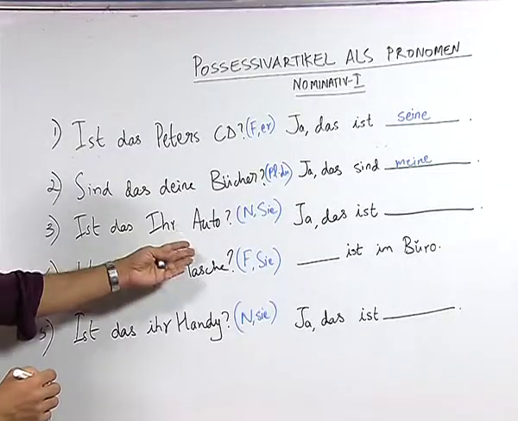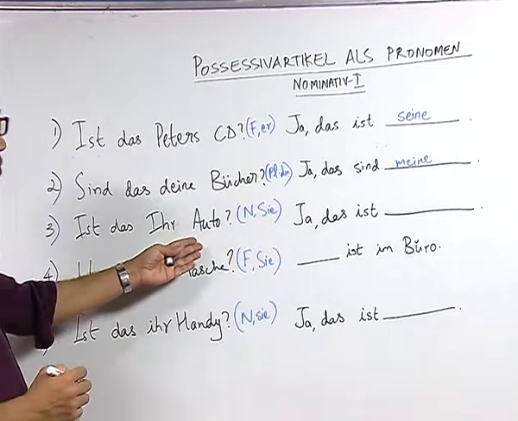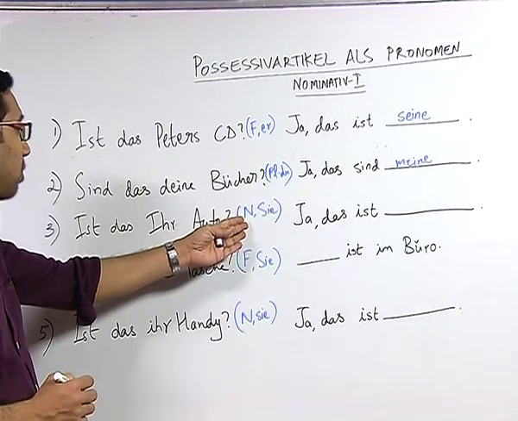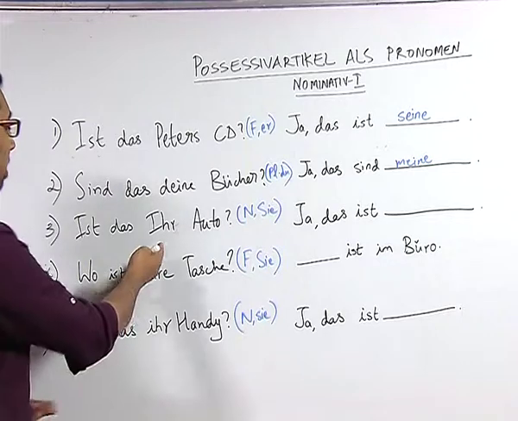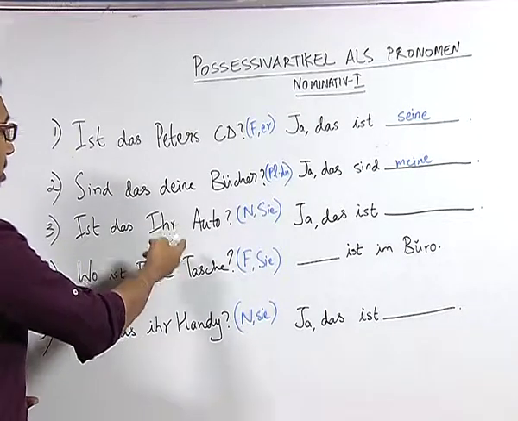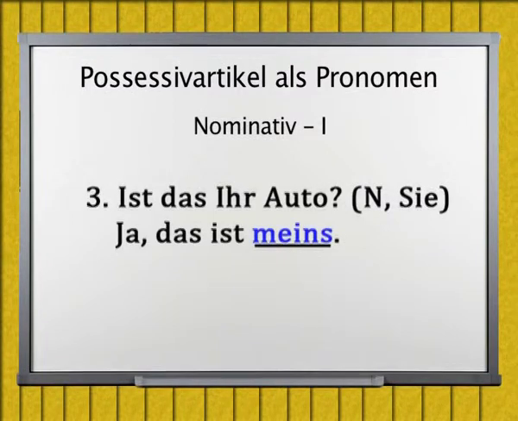Ist das Ihr Auto? Now, here you know that the noun Auto carries the article das, that is why it belongs to the neutral gender, and here we have the possessive article Ihr, and now if we combine the answers here, we get: ja, das ist meins.